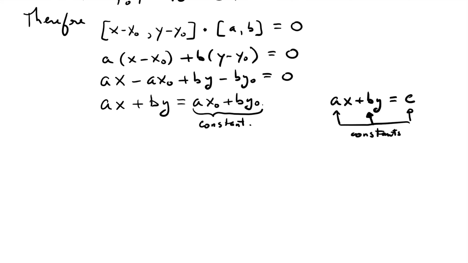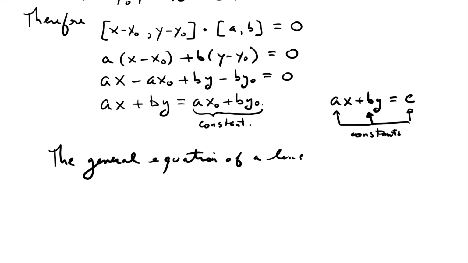so maybe let's summarize what I have found here. So the general equation of a line in R2 is of the form ax plus by equals c, or there are different ways to write it down. Sometimes we can bring the c on the other side. So of course it makes it a minus c, but now change that minus c to c again, because it's a constant itself.